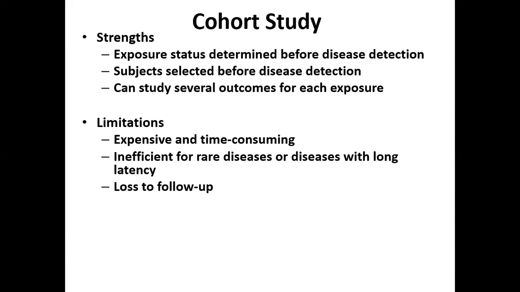Because if we started with a sample, maybe 1,000 individuals, and follow them over time, let's say 3 years, for detecting a rare disease, we will consume lots of human and financial resources to record that just 2 individuals have developed the disease.